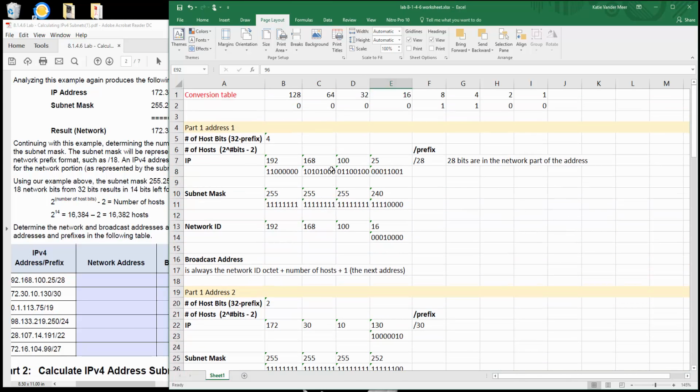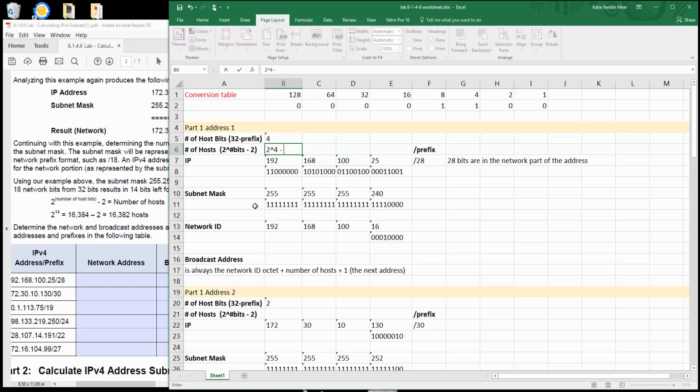Going on, let's look at the broadcast. Well, let's do the number of hosts. This is a simple formula explained right here. You take 2 to the power of the number of host bits, and you subtract 2. So for this first one, you would do 2 to the power of, are we on the right one? Number of bits, 4.